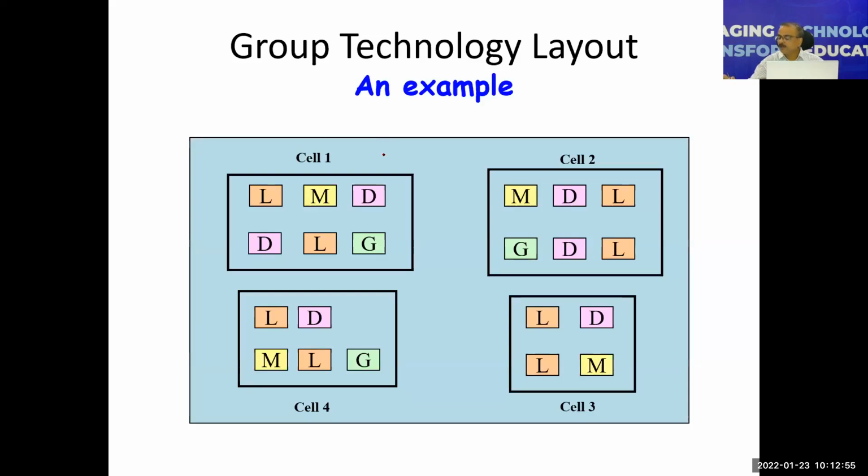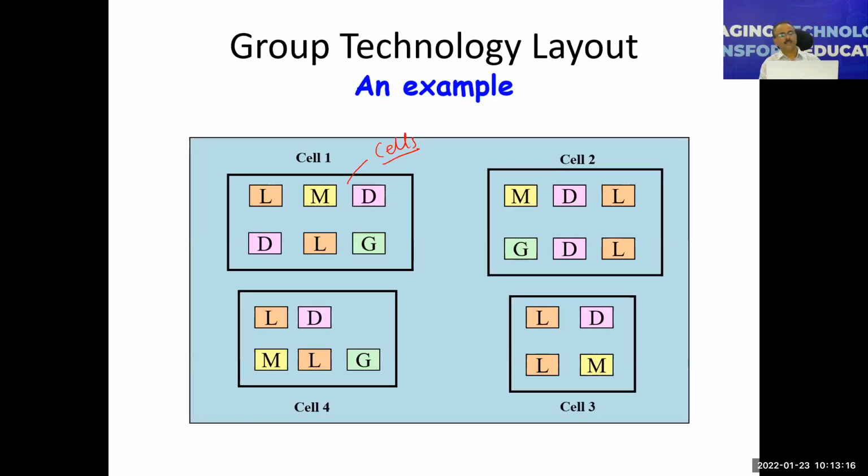Depending on what kind of processing is required in those parts, and based on what machines are going to process the part, we can form these cells. So this is nothing but the different cells, and then there will be operators operating on these cells.